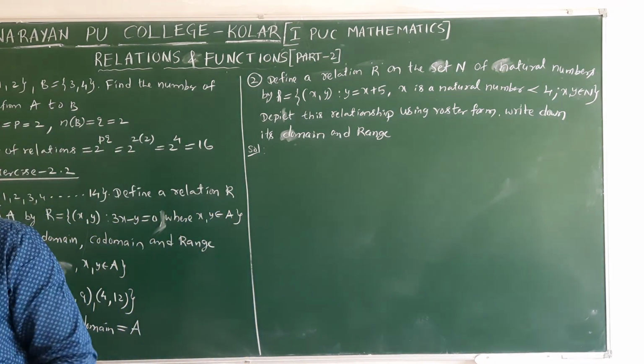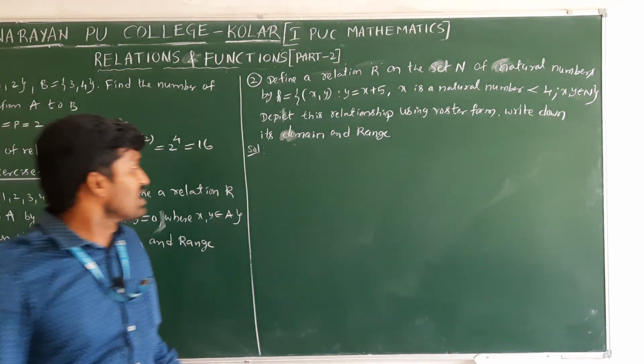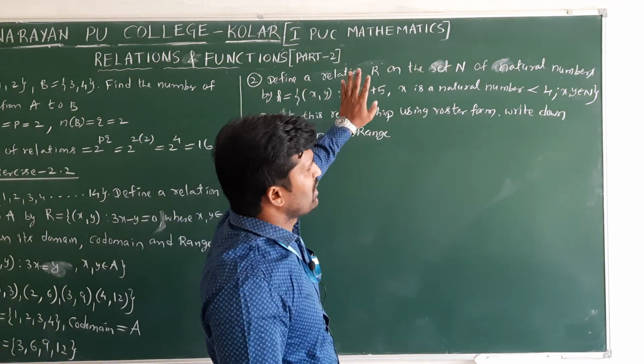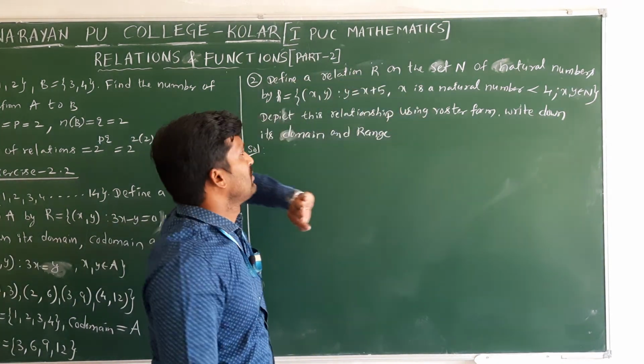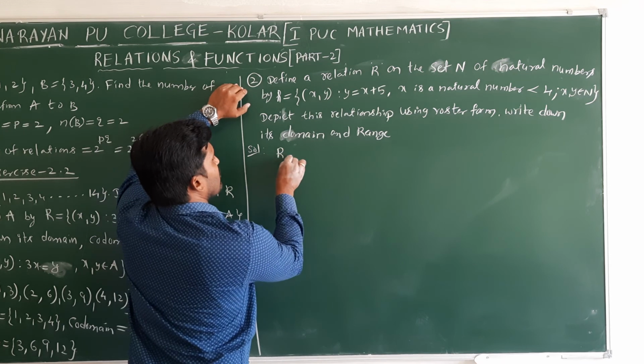Domain and range we need to find out for this given relation. The set is N only, from N to N we are defining. Relation we need to write.